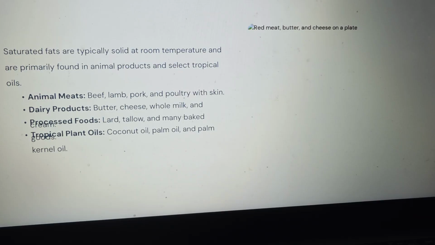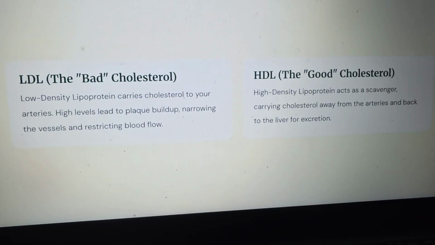Okay, so again, comparing the difference between low density lipoprotein, which is the bad cholesterol, and high density lipoprotein, which is the good cholesterol. The bad cholesterol carries cholesterol to our arteries, and when the level is high, it leads to plaque buildup and narrowing of the blood vessels, and it restricts the blood flow.